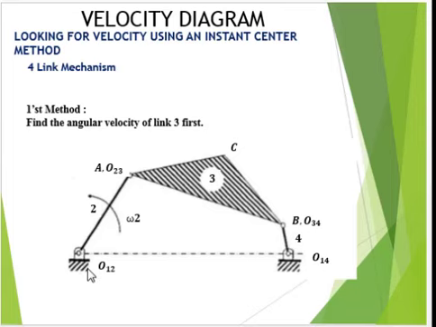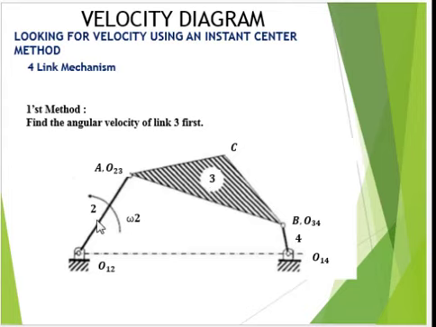The connecting link 2 rotates at an angular velocity omega 2 counterclockwise. We will find the angular velocity of links 3 and 4.